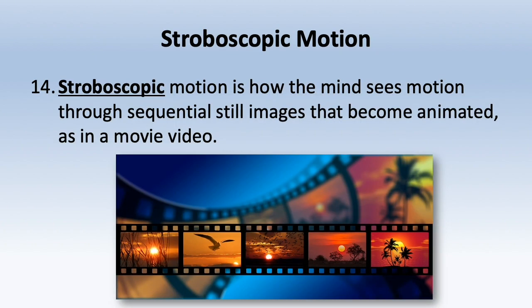Stroboscopic motion is how the mind sees motion through sequential still images that become animated, as in a movie video. When we look at a film or a movie, we are essentially looking at an animated sequence of still images. Those images are put together and create a sense of motion.